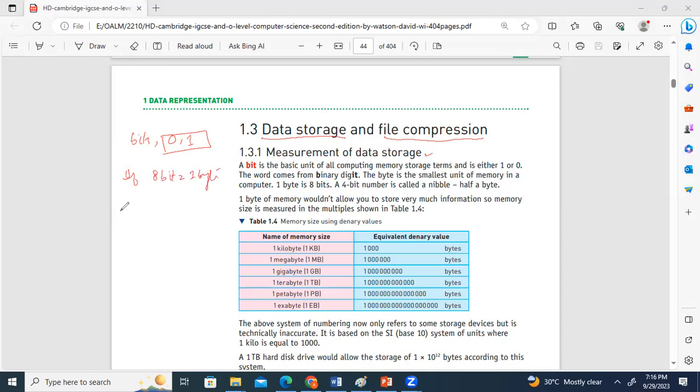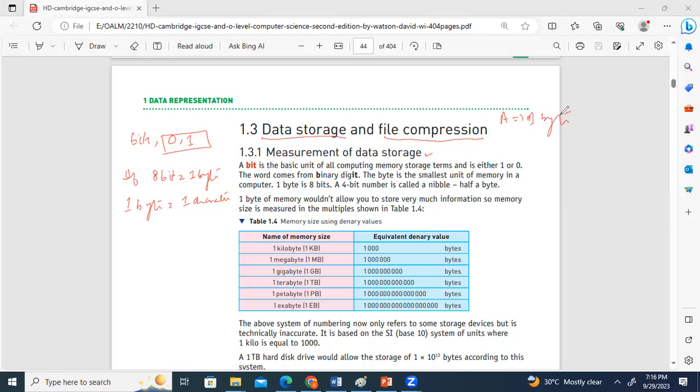Remember, 1 byte equals 1 character. Whatever data we give to the keyboard, like if I press A, it will take 1 byte of data. So whatever data you give, it must take a number of bytes.